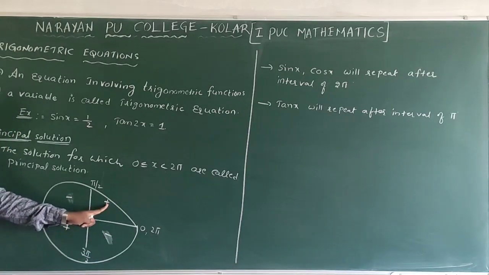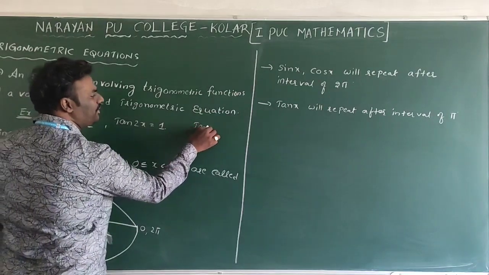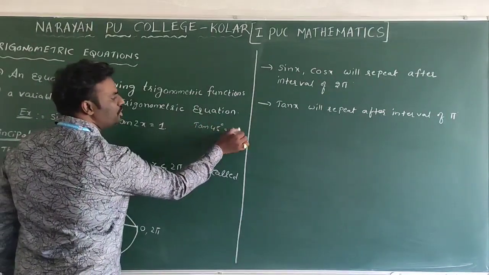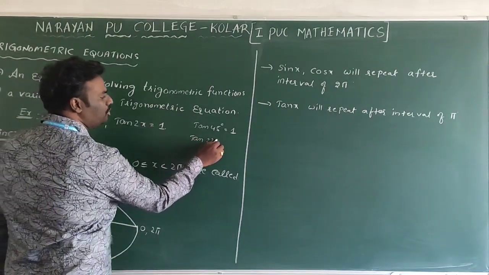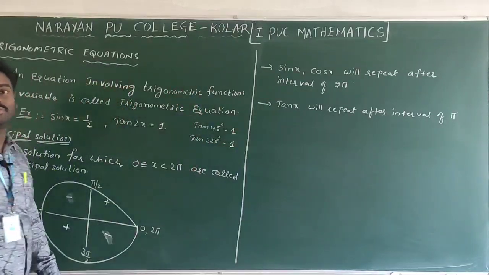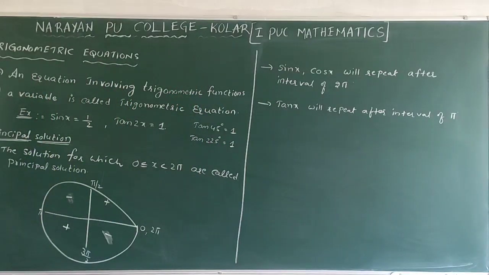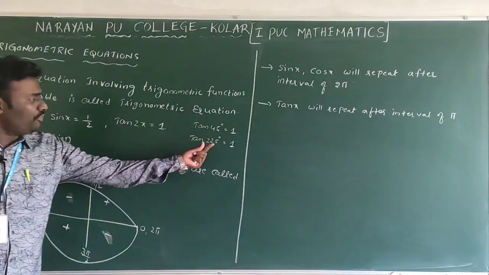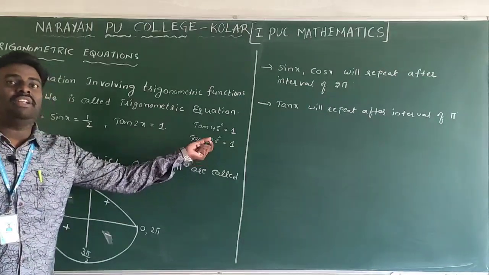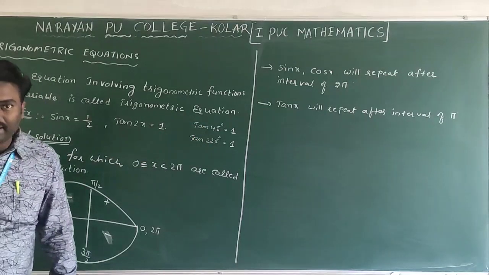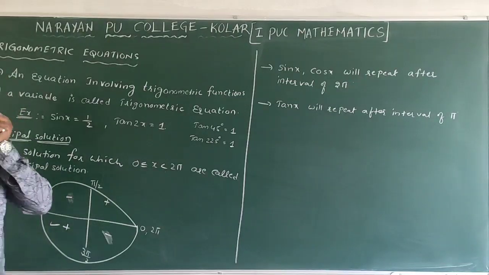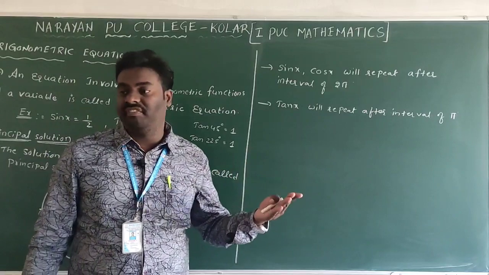I will give a simple example. tan 45 is 1. Now tan 225 is also 1. Here 1 is repeated at 225. 225 belongs to the third quadrant. That's why tan x function values will repeat after an interval of pi.